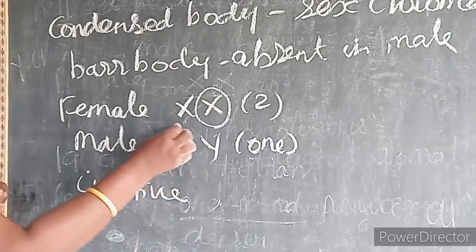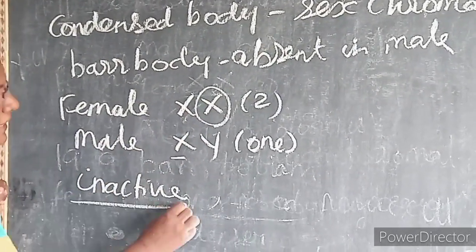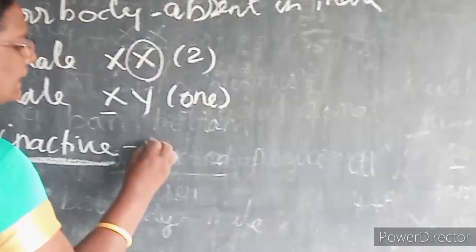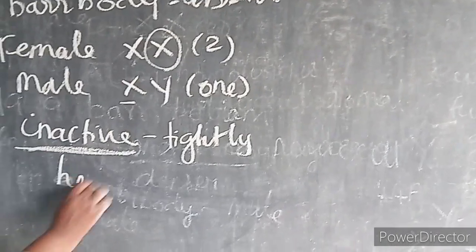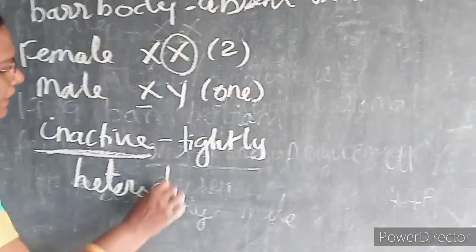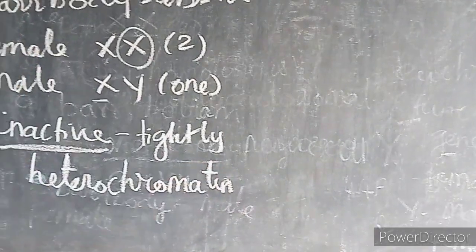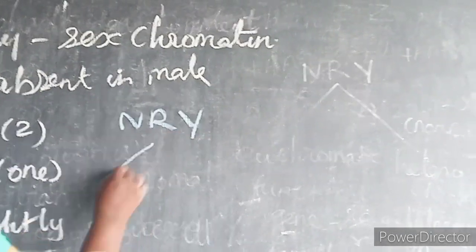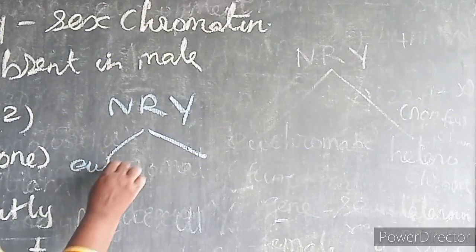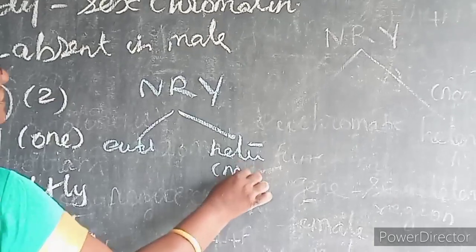If there are 2 X chromosomes, one of them becomes inactive and is tightly coiled in the heterochromatin. Where did we study heterochromatin? In the non-combining region, which is divided equally into two: euchromatin and heterochromatin. It has non-functional genes.